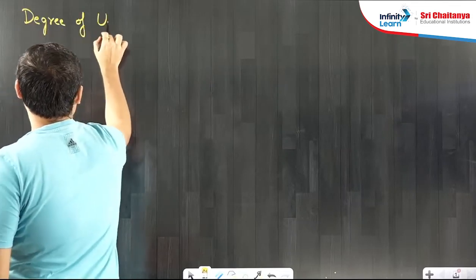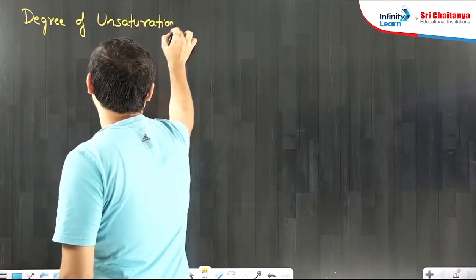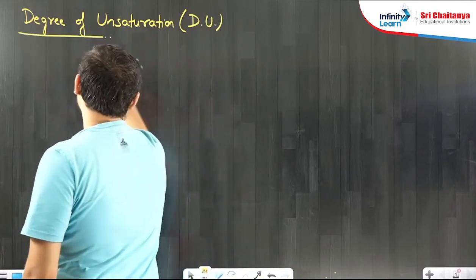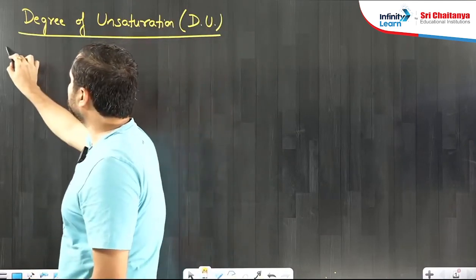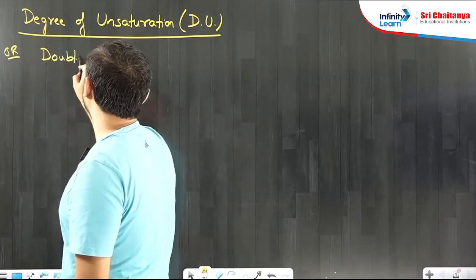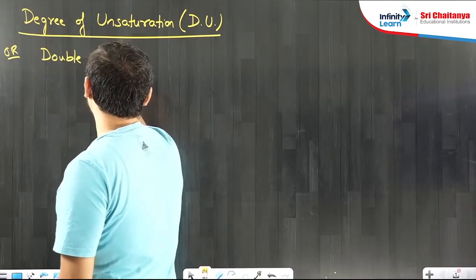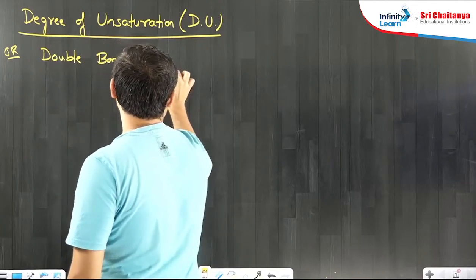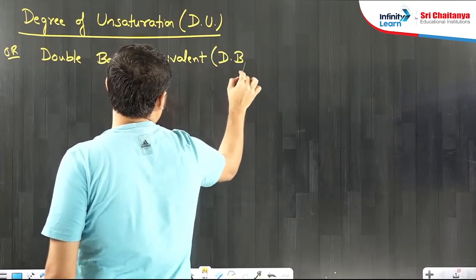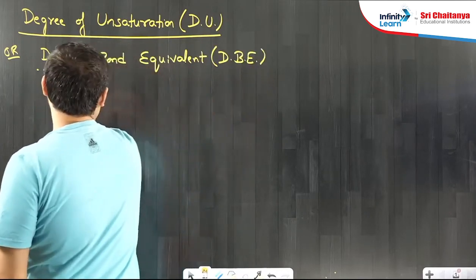So the heading is degree of unsaturation. In short form, we write this as DU. And there are some other names for degree of unsaturation also. Next name is double bond equivalent, in short form DBE.